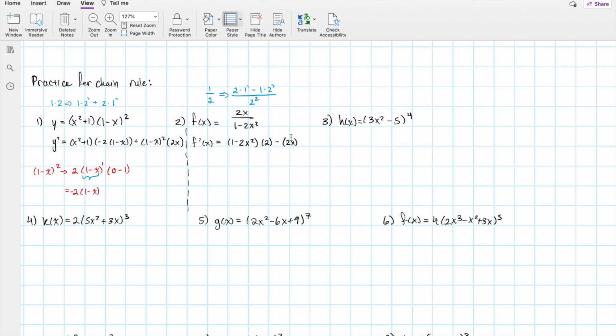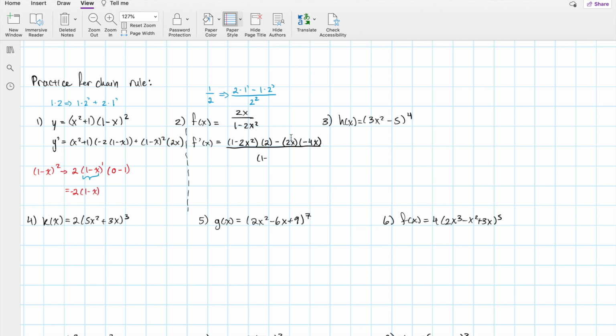The derivative of 1 is 0. The derivative of negative 2x squared is negative 4x, right? So we bring down the exponent, we get 4, and then 2 minus 1 is just 1 for the exponent, negative 4x. All over the bottom squared, (1 minus 2x squared) squared.